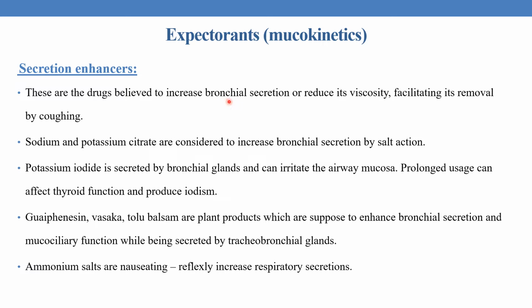These are the drugs that are believed to increase the bronchial secretion or reduce its viscosity, facilitating its removal by coughing. Examples are sodium and potassium citrate, which are considered to increase the bronchial secretion by salt action, whereas potassium iodide is secreted by bronchial glands and can irritate the airway mucosa. So prolonged usage can affect thyroid function and produce iodism.